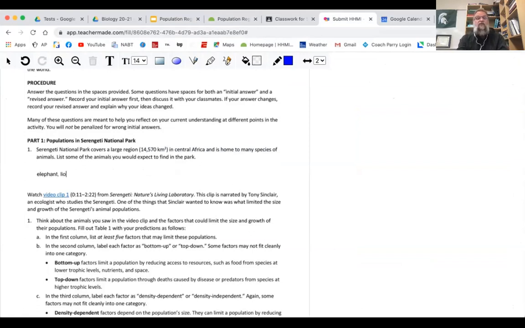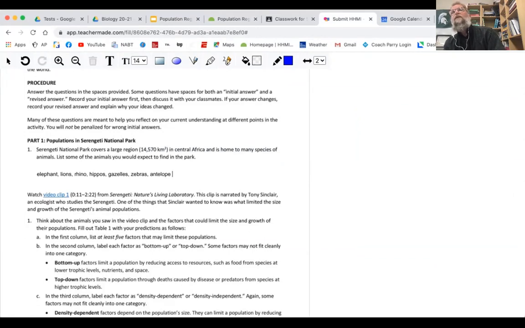This is generated from one of our classes today. We said elephants and lions and rhinos, hippos, gazelles, zebras. What else did we have on our list? We had antelope.